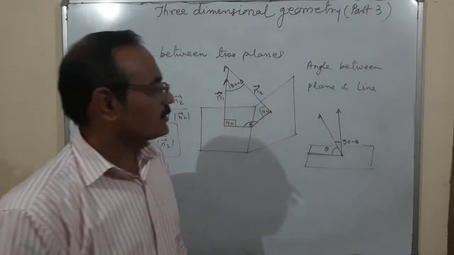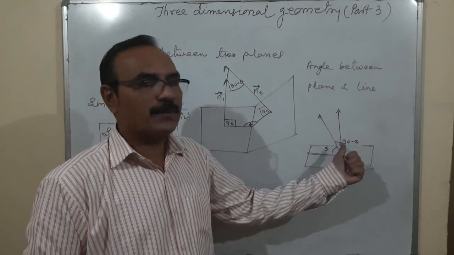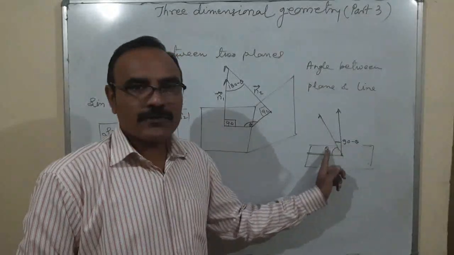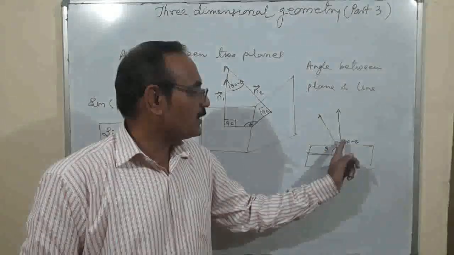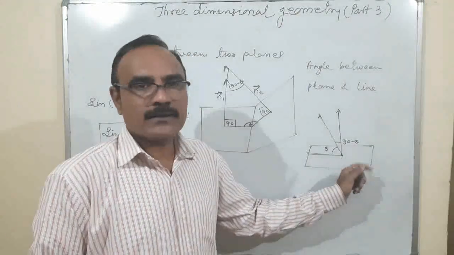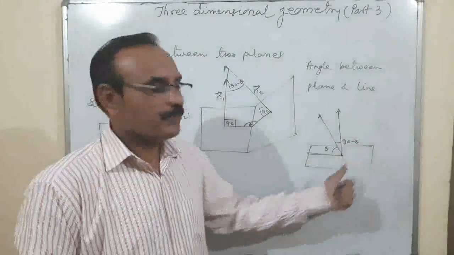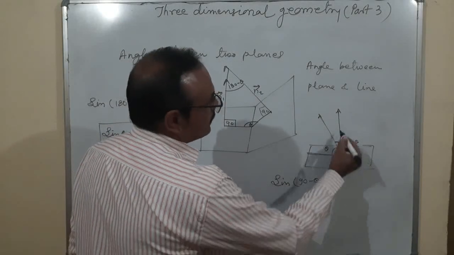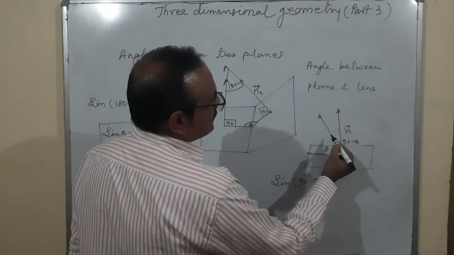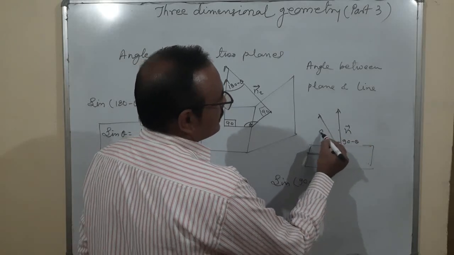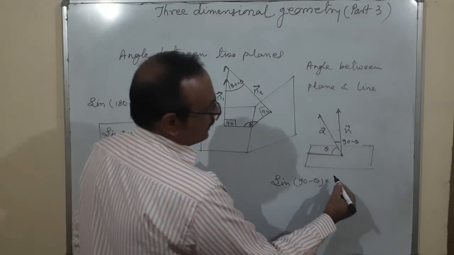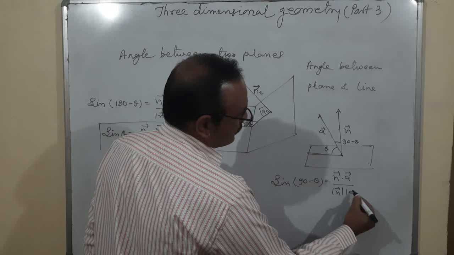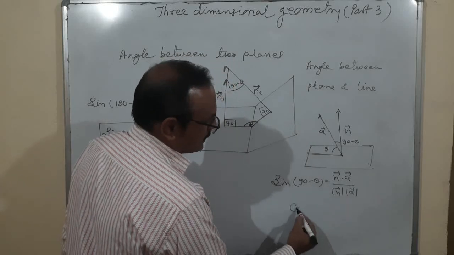So what happens when we are going to find the angle between plane and line? This theta we are finding, but actually we have to use the dot product with sin of 90 minus theta. Sin of 90 minus theta is equal to n, and suppose anything I'll take, vector A. So vector n dot A upon magnitude of n, magnitude of A. And sin of 90 minus theta is cos theta.